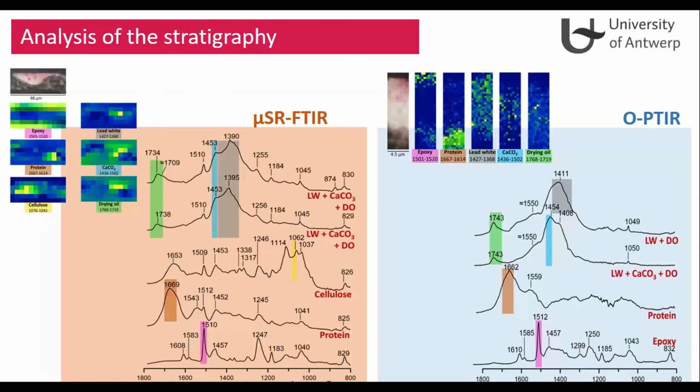Also, there are no spectral artifacts, and the baseline is very straight. The spectra from O-PTIR can be easily compared to other spectra collected in transmission FTIR. So this allows us to interpret the data using the databases previously collected for transmission FTIR, which helps to understand the results.